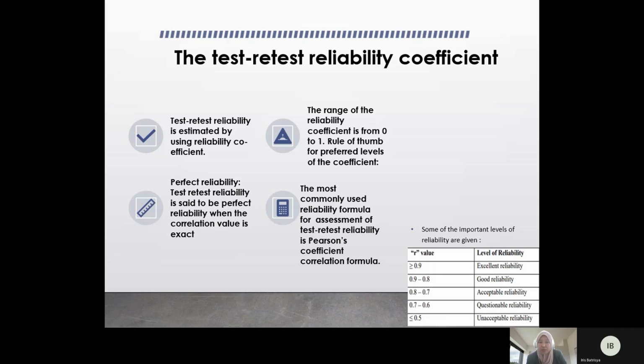The range of reliability coefficient is from 0 to 1. As you can see on the below table, if the score is below of 0.5, it is unacceptable. 0.6 to 0.7 is questionable. 0.7 to 0.8 is acceptable. 0.8 to 0.9 good, while more than 0.9 is excellent.